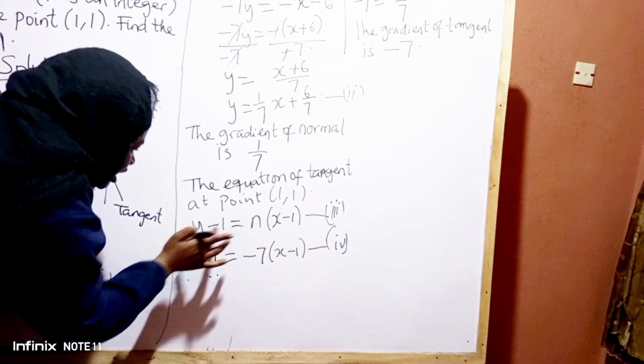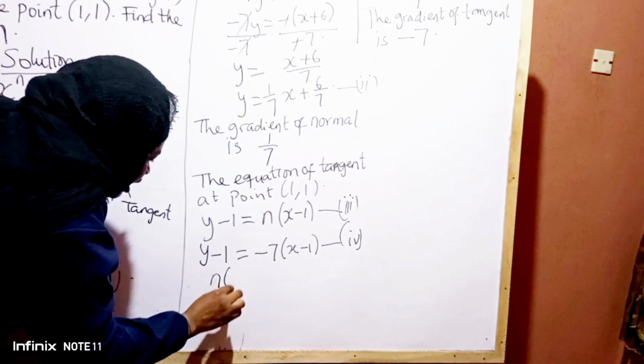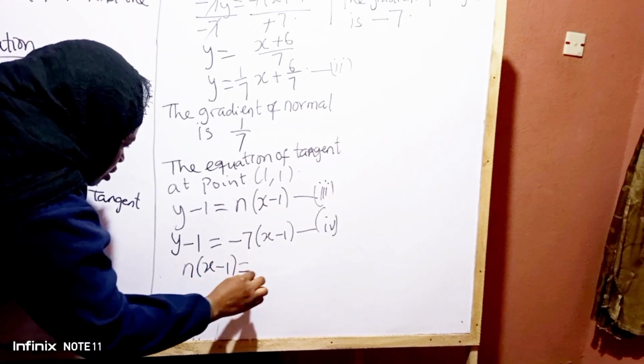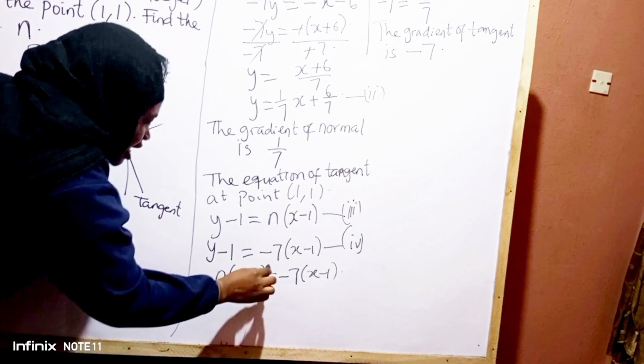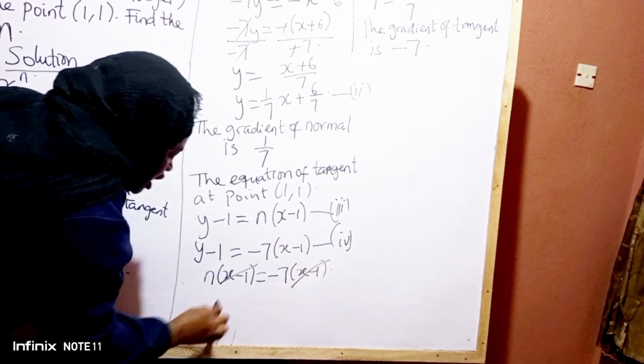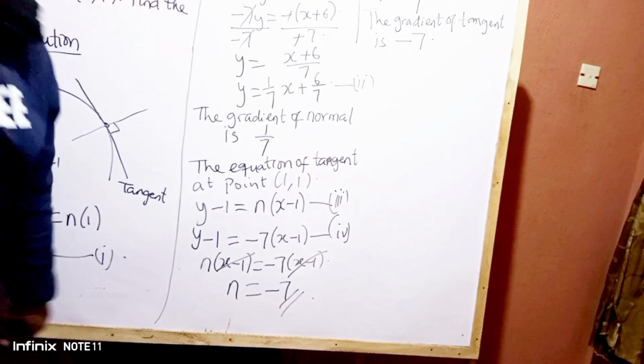Since they have the same left hand side, n into brackets x minus 1 is equal to minus 7 into brackets x minus 1. So x minus 1 will cancel x minus 1. That means n is equal to minus 7. So that is it.